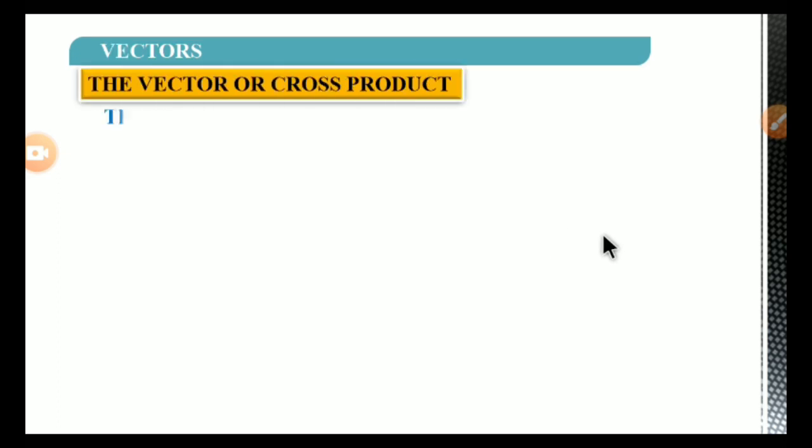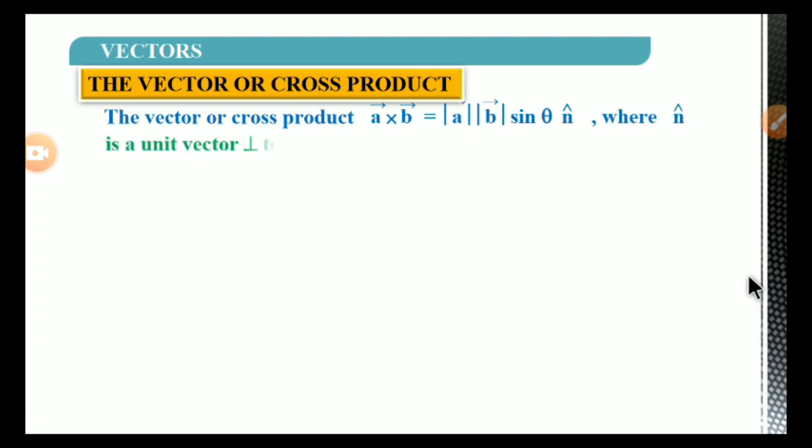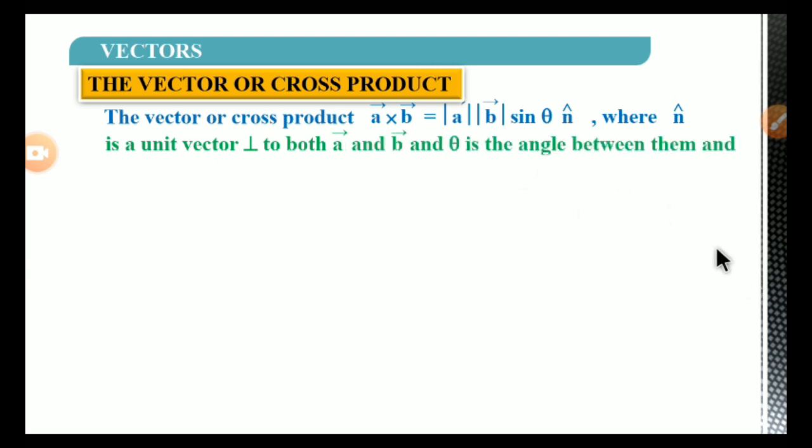Now the properties of cross product of vectors. The vector or cross product a cross b is equal to magnitude of vector a into magnitude of vector b sin theta into n cap, where n cap is a unit vector perpendicular to both vector a and vector b, and theta is the angle between them.